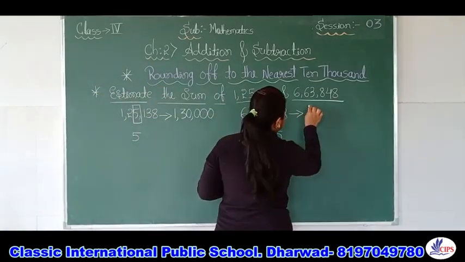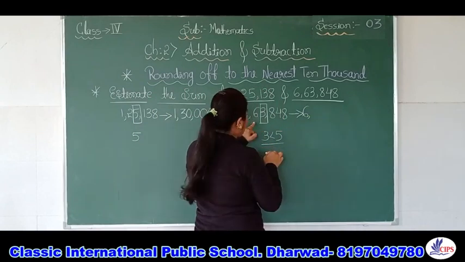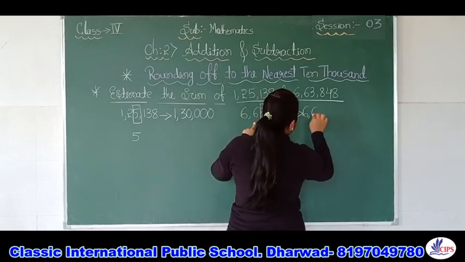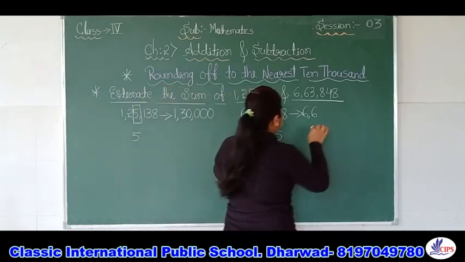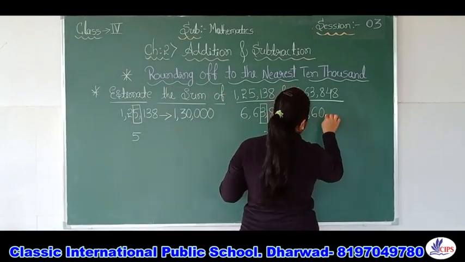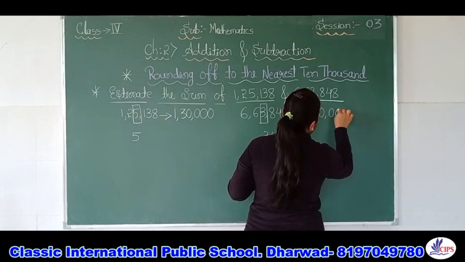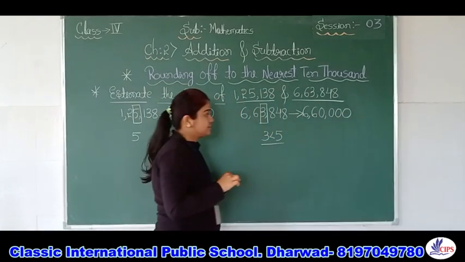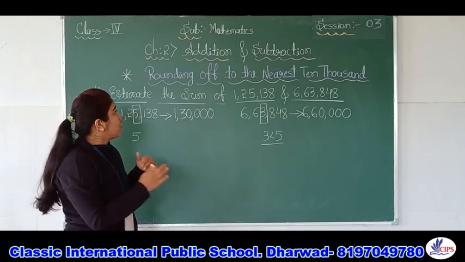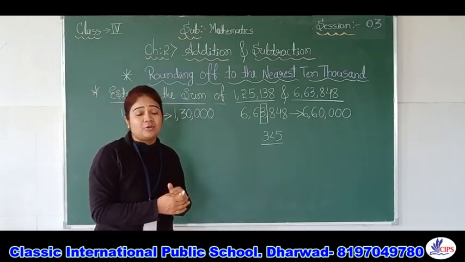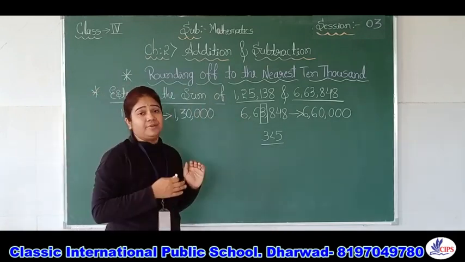So 6 lakh, and the 10,000 place digit is the same, that is 6, and the rest is 000. Understand? So now we have finished rounding to the nearest 10,000 for both numbers.